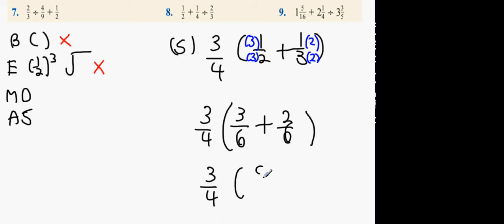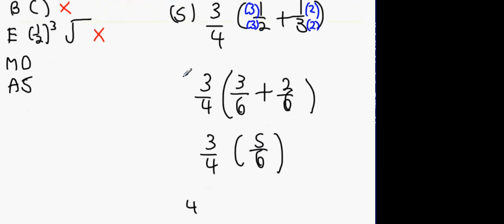Now, what we're going to do next is, Orson, what do you think you do to finish this off? It means multiply, so what do you do? If you're multiplying, you don't have to find common denominators, just top by top, bottom by bottom. 15 over 24.